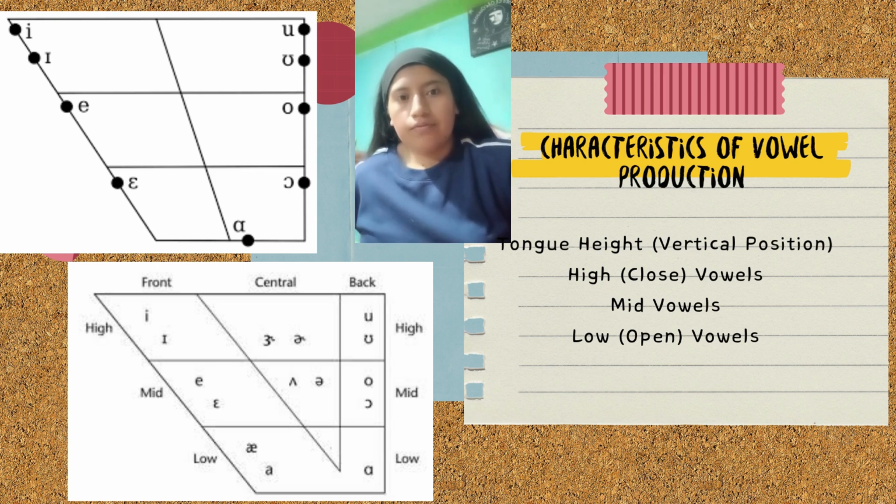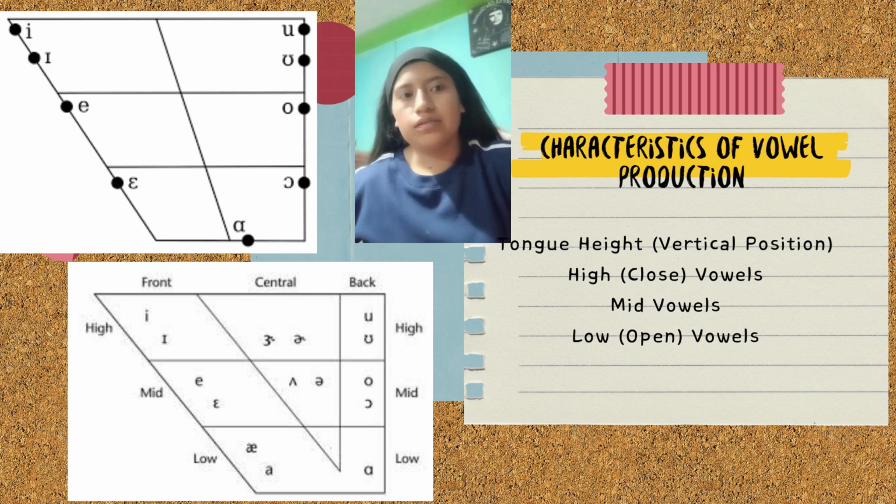The first is tongue height, the vertical position. This refers to the vertical distance between the highest part of the tongue and the roof of the mouth, the palate. The high, closed vowels: the tongue is raised toward the roof of the mouth.